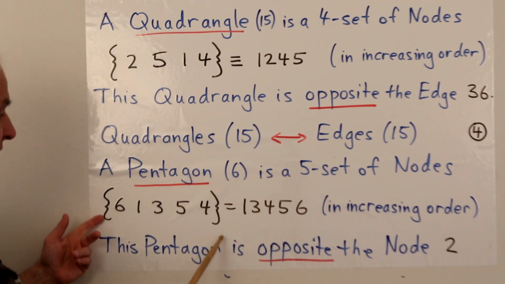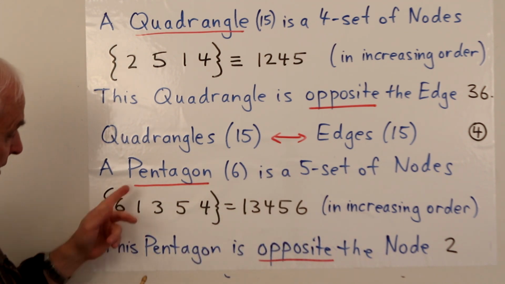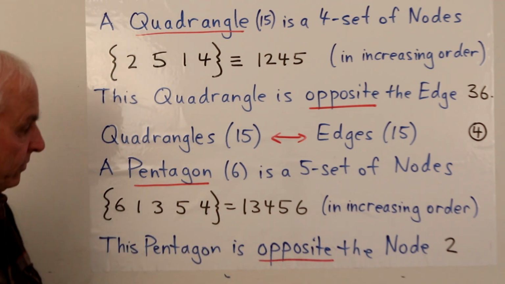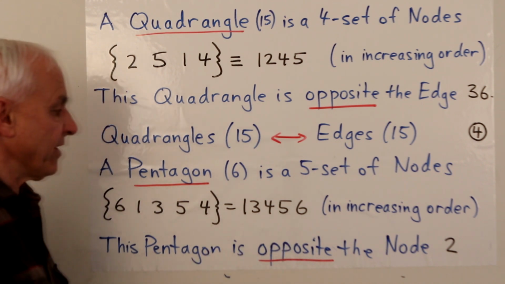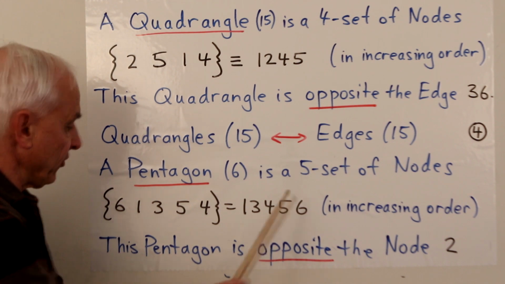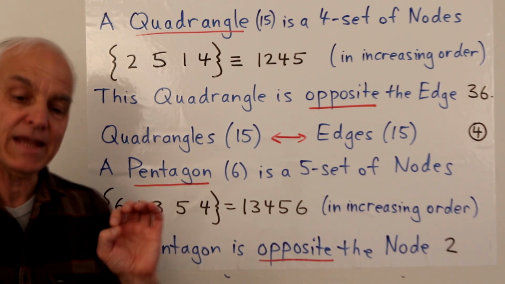For example, here's a 5 set of nodes. 6, 1, 3, 5, 4. And the canonical way of writing that can be consistent. That's the same as the pentagon 1, 3, 4, 5, 6. We just list the nodes in increasing order.